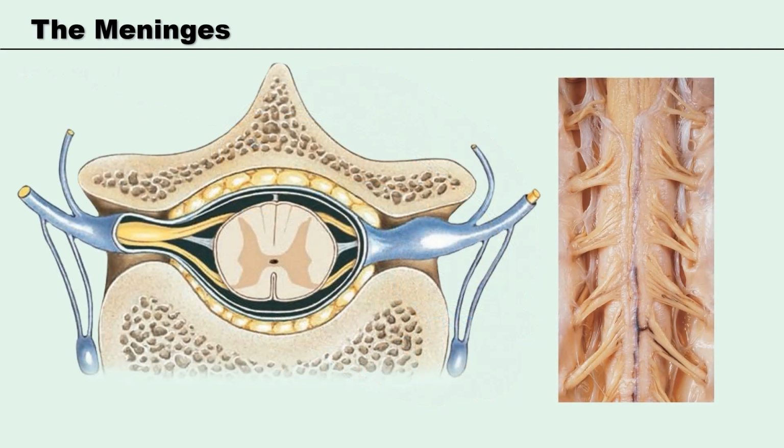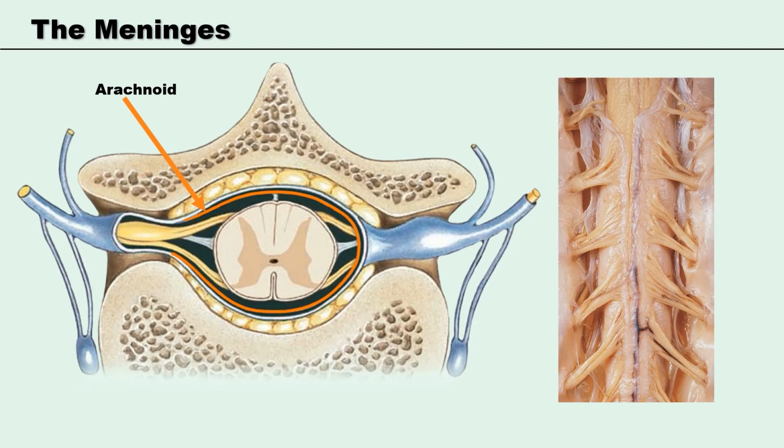The meninges are continuous along the length of the spinal cord and are in the same orientation. The outermost is the dura mater, which lies deep to the epidural space. The epidural space is lined with fat and helps to cushion the spinal cord. Deep to the dura we have the arachnoid that lies close to the dura.